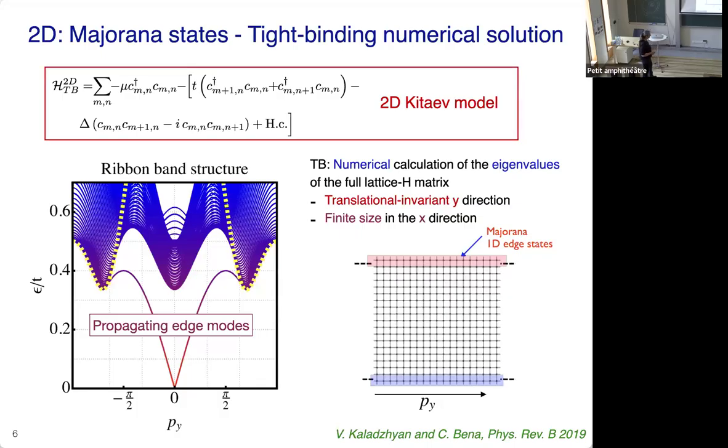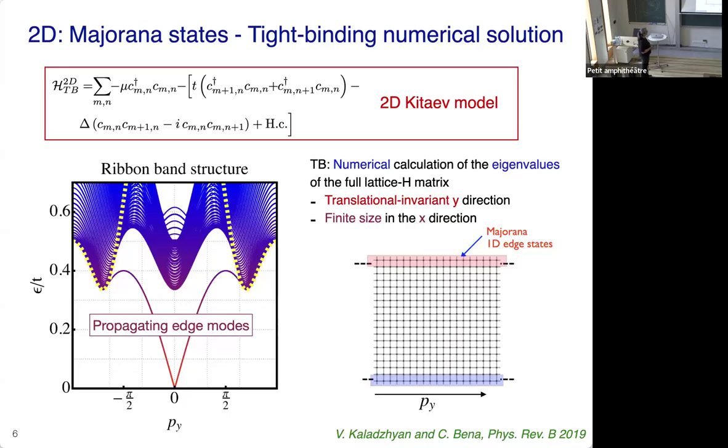So when I solve this system numerically, I get the regular states of my system, plus inside the gap I have this propagating edge mode. This edge mode depends on the momentum parallel to the wire. And this is what we call chiral Majorana states because they form on the edges of my ribbon, they propagate, and they have the wave function characteristic of a Majorana state, an equal combination of electrons and holes, and they cross zero energy, of course.